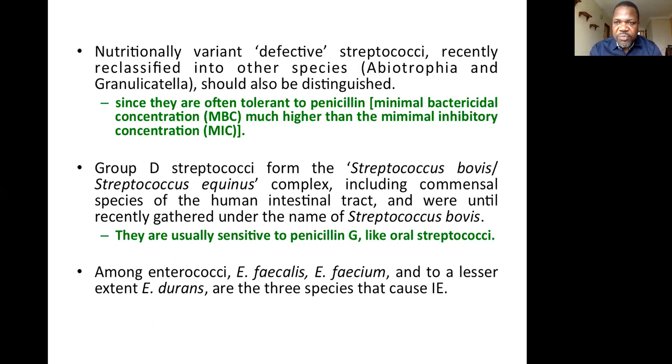So it needs to be explored. And among the Enterococci, mainly Enterococcus faecalis and faecium, and to a lesser extent Enterococcus durans, those are also the 3 species commonly associated with infective endocarditis, like the oral streptococcal group.